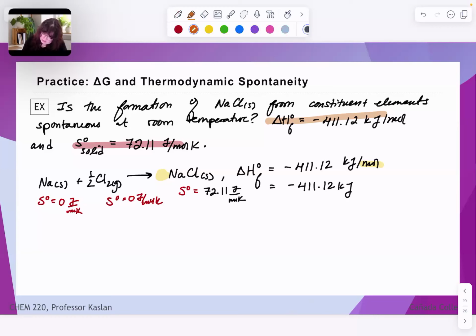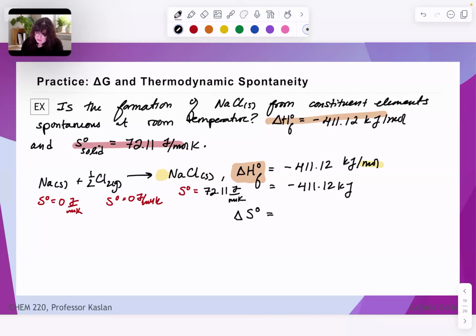All right, so I have our standard enthalpy of formation. So this is already referring to the amount of energy that is absorbed or released when 1 mole of a substance is formed. However, I should probably get my delta S of this reaction, even though it's kind of mathematically inconsequential. You'll see what I mean in a moment.